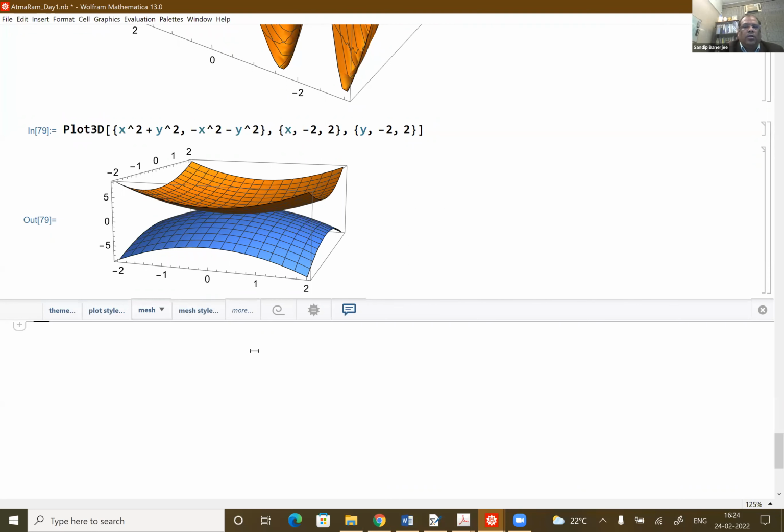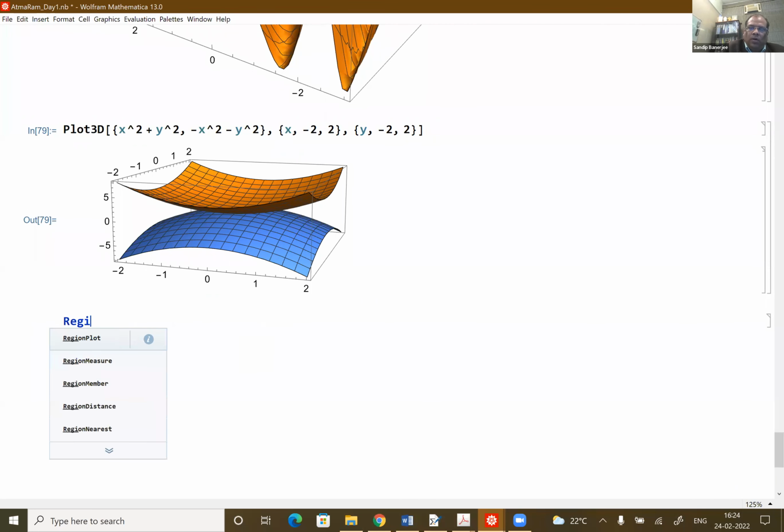Okay, I think this should work. It is called region plot. Region plot 3D.